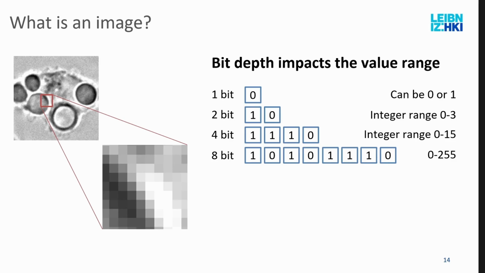If you have an image where each pixel would hold 2 bits, so a size of 2 bits, there you can hold up to 4 values. With this binary notation, you get from 0 to 3. And then you can extend it: 4-bit, you get from 0 to 15, so 16 values.